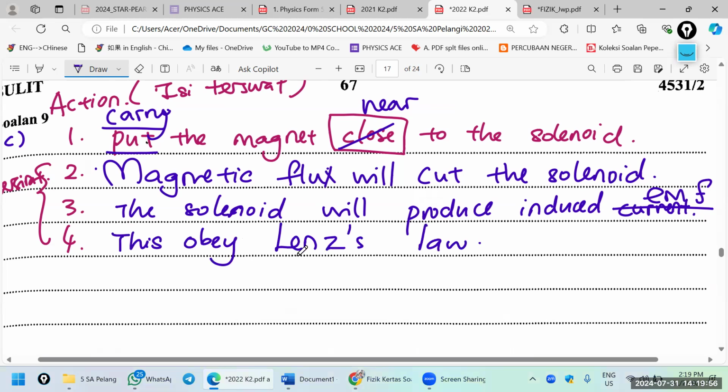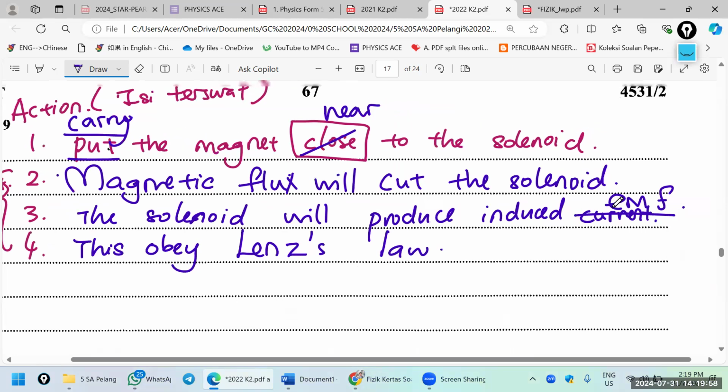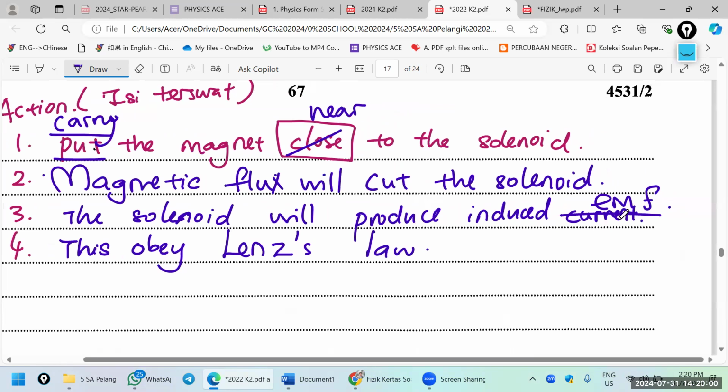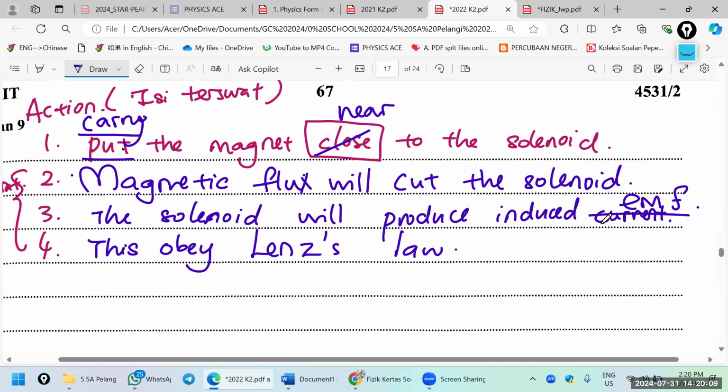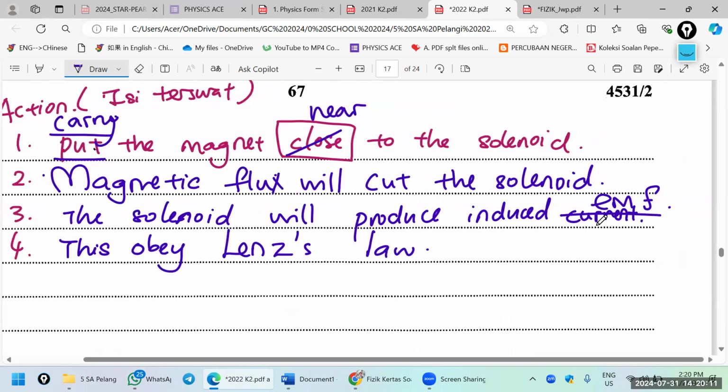What short form? Okay, can. EMF can write short form. It's an international symbol, can write short form. And don't forget, EMF is electromotive force, but actually it is voltage.